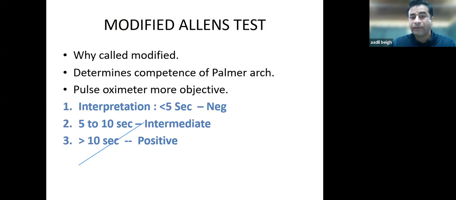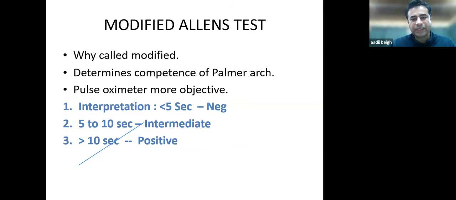There is a test known as the modified Allen test. So what is actually the modification? Why is it called modified Allen's test? In Allen's test, basically we determine the radial artery only. But in the modified Allen test, we determine the competency of both the radial and the ulnar artery.